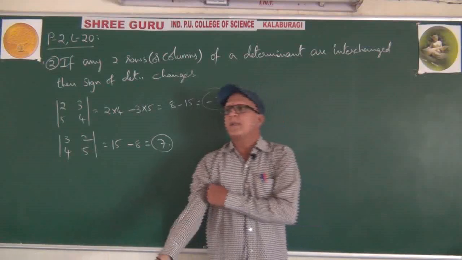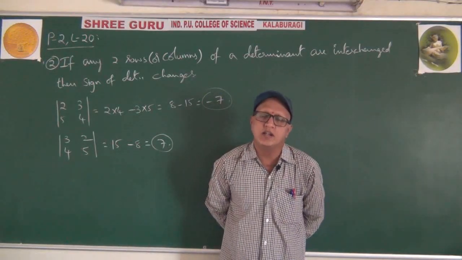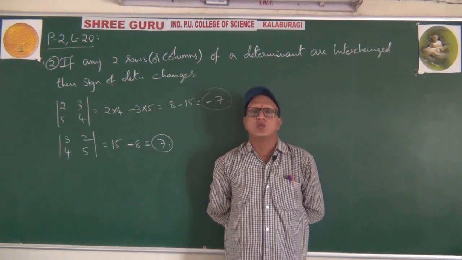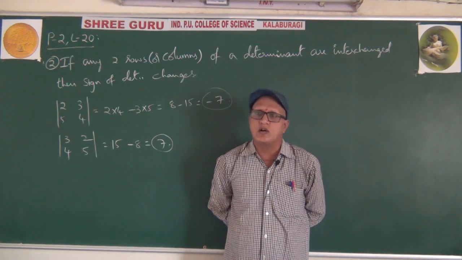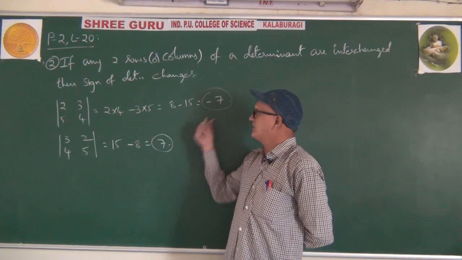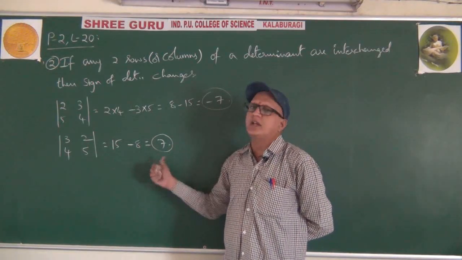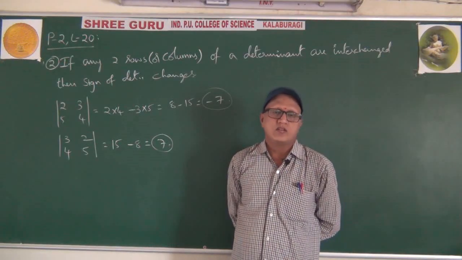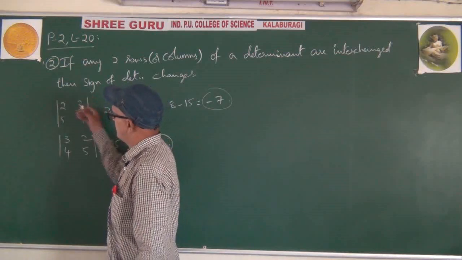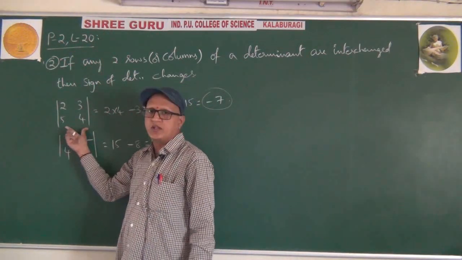So remember that it may be a 2 by 2 matrix determinant or a 3 by 3 matrix determinant. If you interchange any 2 rows or any 2 columns, the sign will be changed. If it is minus 7, it becomes 7. If it is 7, it will become minus 7. Right? For example, this is the question. You started solving one question and reached up to here.